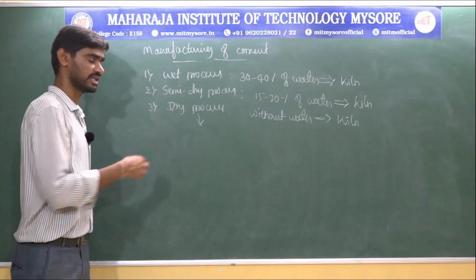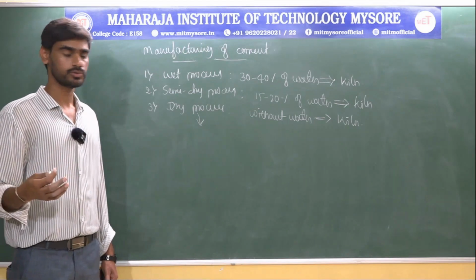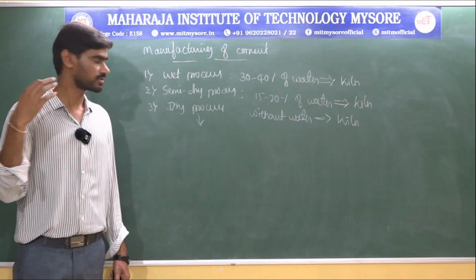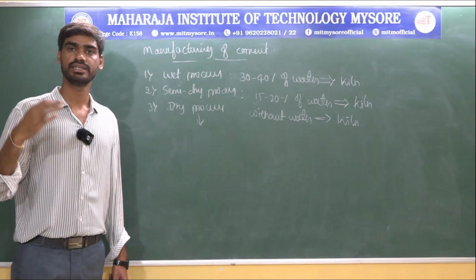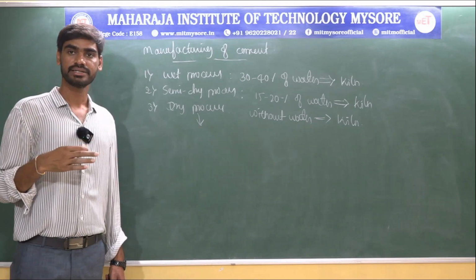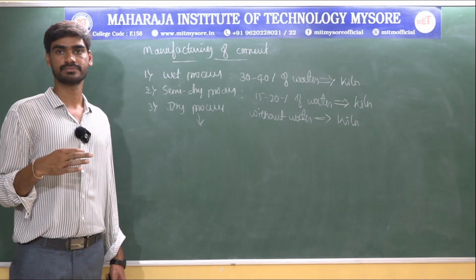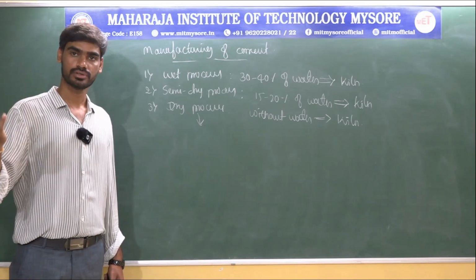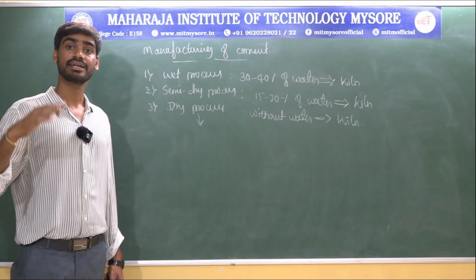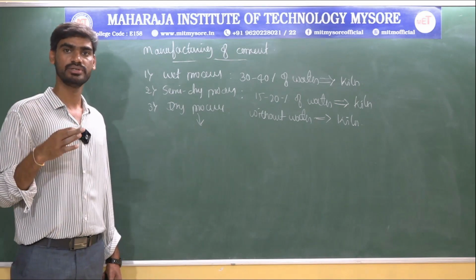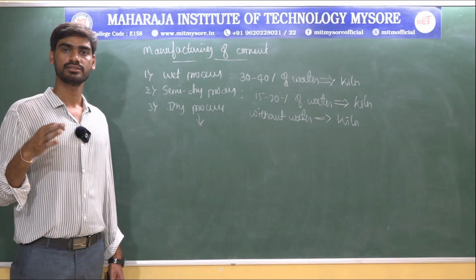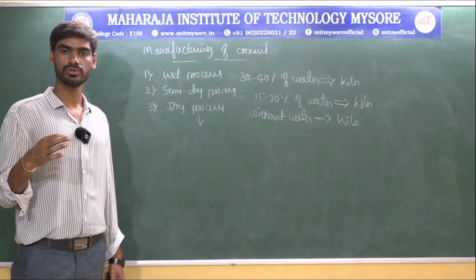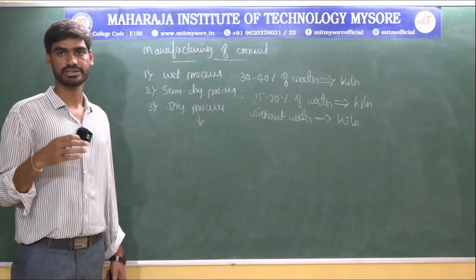So if you want to manufacture cement by the dry process, first we need to mine all the ingredients: limestone as a source for calcium oxide, and other ingredients such as alumina Al2O3, silica SiO2 and iron oxide Fe2O3.